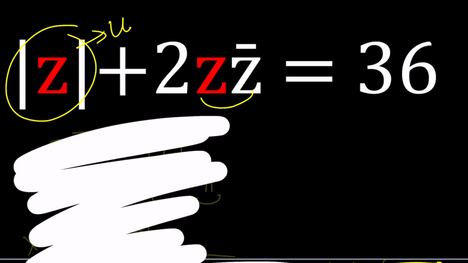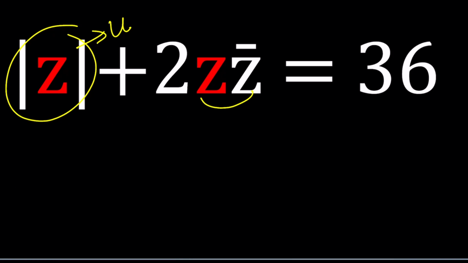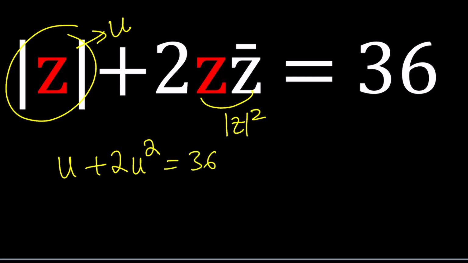Set absolute value of z equal to u. And remember that this is the absolute value of z squared, therefore u squared. So you get u plus 2u squared. I should say 2u if it's your birthday. Happy birthday to you. Anyways, this is 2u squared, so it's more than 2u.